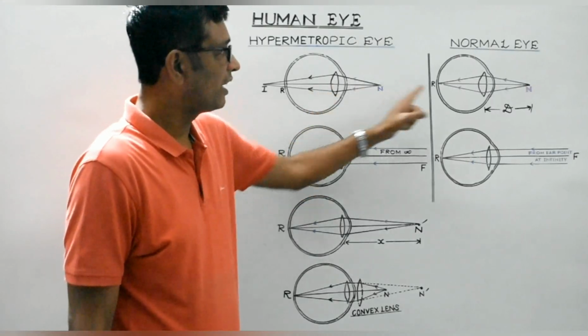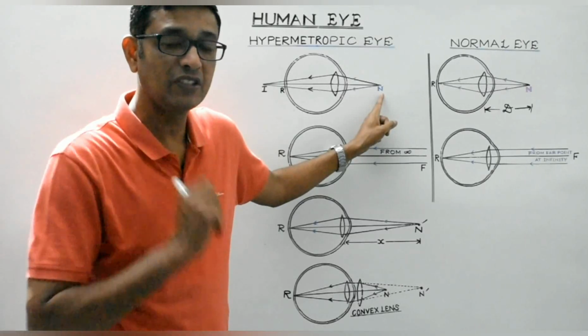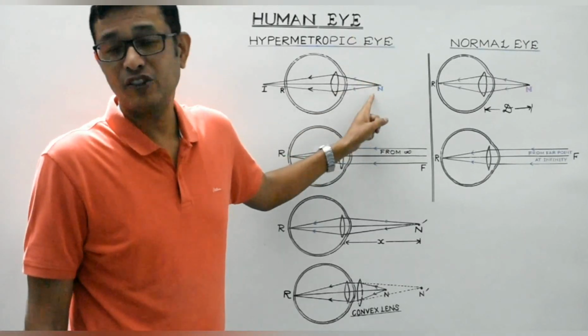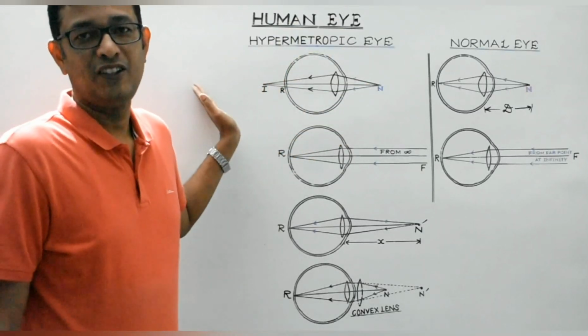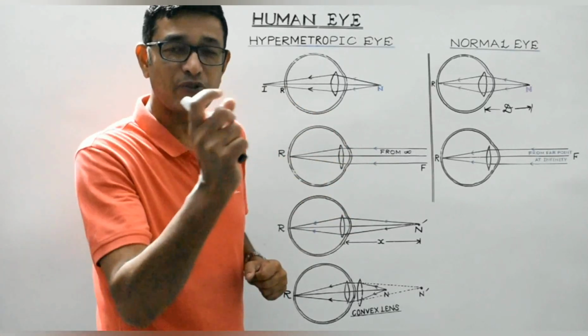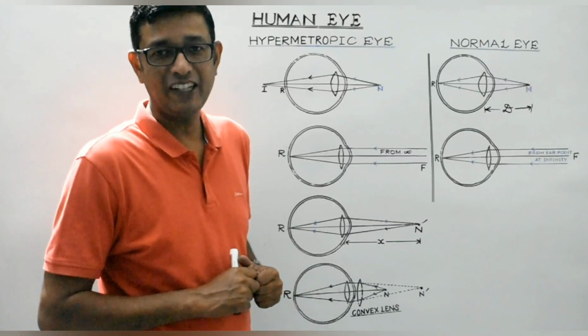But, in case the object is placed at the near point, which for a normal eye is 25 cm, then for a hypermetropic eye, the image is not formed at the retina, but it is formed behind the retina. So, as a result, it will be out of focus, and the image formed on the retina will be blurred. It won't be clear, right?